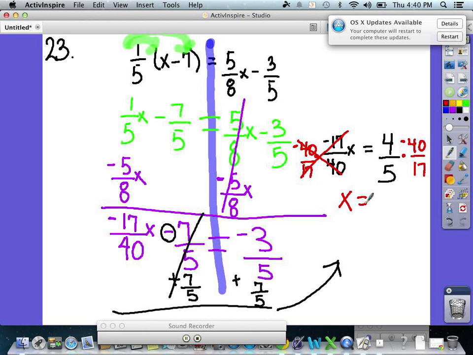Now, we have 4/5 times -40 over 17, which will give us 32 over 17.